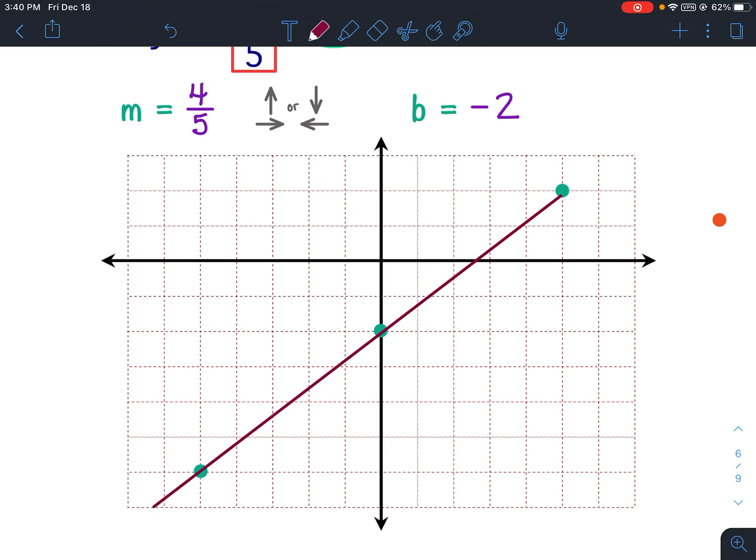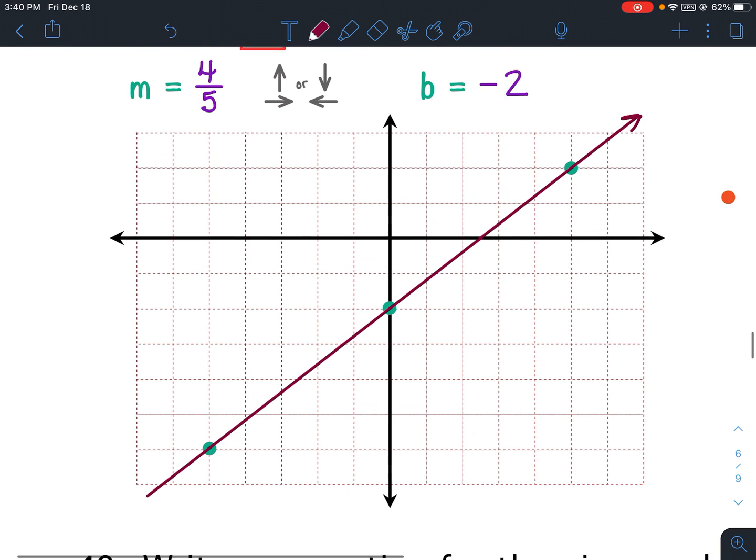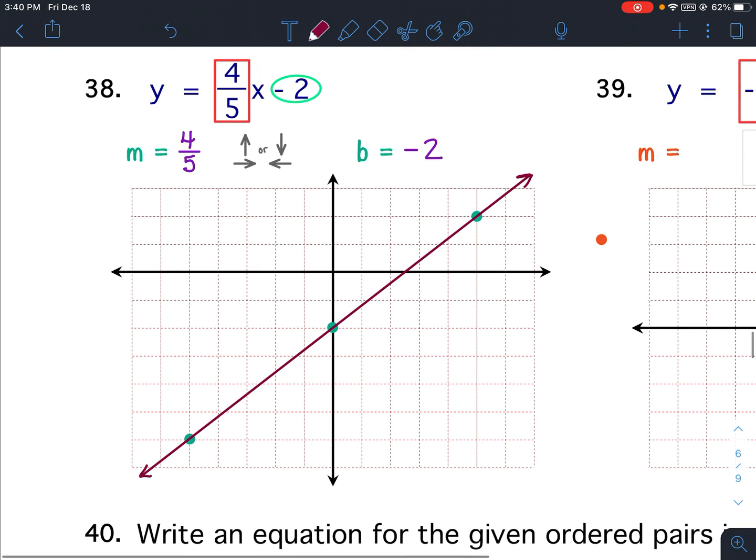Again, you should be using your straight edge. Extend your line past the grid and put your arrows on the end. Pause your video, get everything written down.